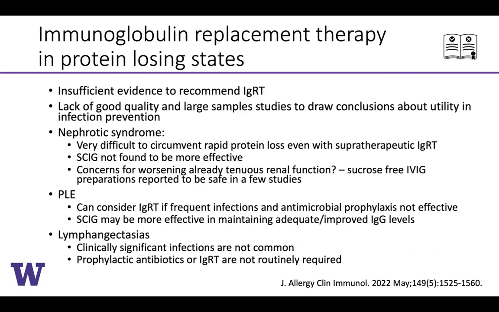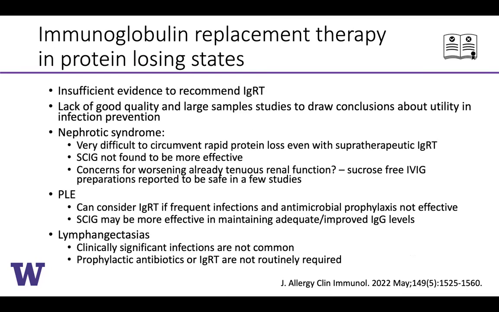For protein losing states, for the most part, it would be very difficult to keep up with the protein loss, and very rarely is this done. The guidelines' official stand is that there is insufficient evidence to recommend immunoglobulin replacement therapy due to lack of good quality large sample studies.